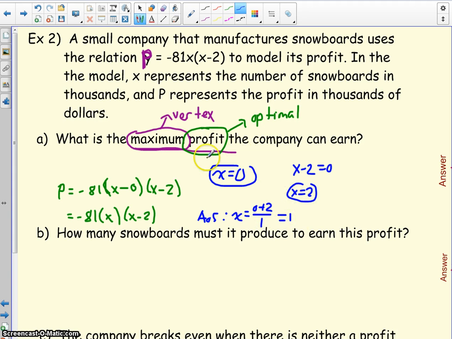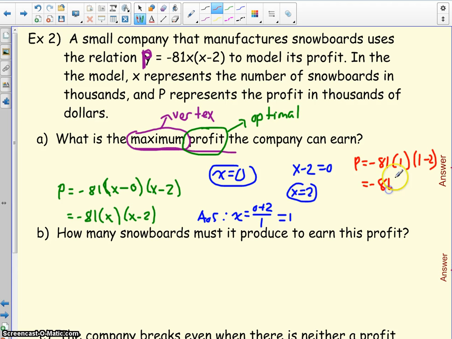Okay, and then again, this would give us the x value of the vertex, so that would be the number of snowboards that gives you the maximum profit, but we're actually looking for the maximum profit, the optimal value. So we're going to put that x value of 1 into the equation for x. So I'm going to have p equals negative 81, x becomes 1 in each of these cases, so I have 1 times (1 minus 2).